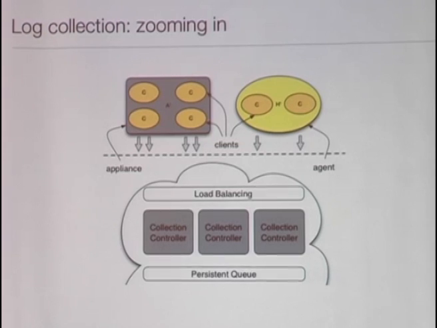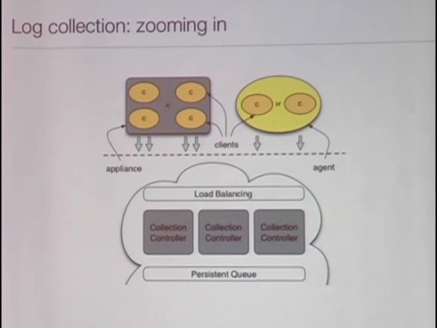If we look at the backend, it is structured in 3 layers. I'm talking mainly about the collection system here, and I'll focus on it specifically. The collection system includes a load balancer, and clients talk through that load balancer to what we call the collection controller.